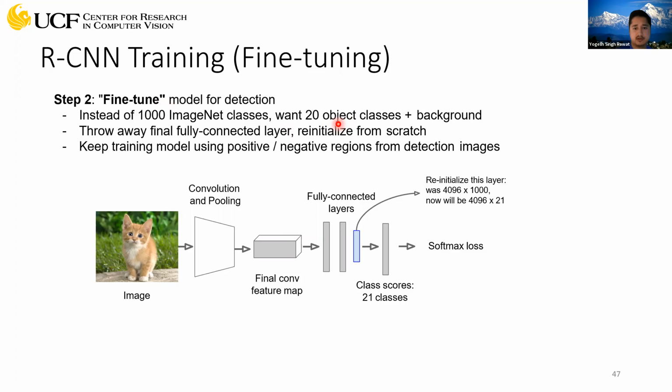So in this case, we have Pascal with 20 object categories, right? One category is always added for the background, because you will get lots of proposals from the background as well. So you will easily assign a negative class to those proposals, and that's why we need this. All right.